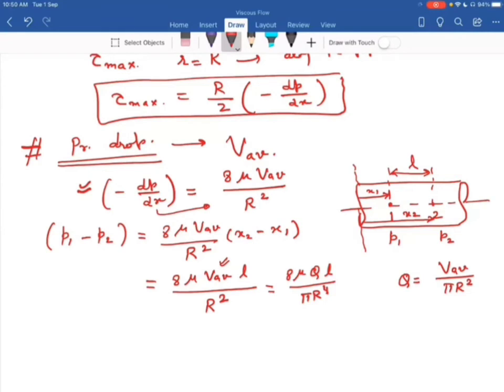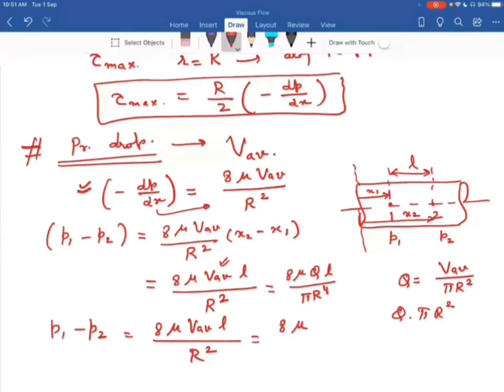I put V average as Q upon pi R square. So this comes out to be P1 minus P2 equal to 8 mu V average L upon R square, and in terms of discharge, it is 8 mu QL upon pi R raised to power 4.